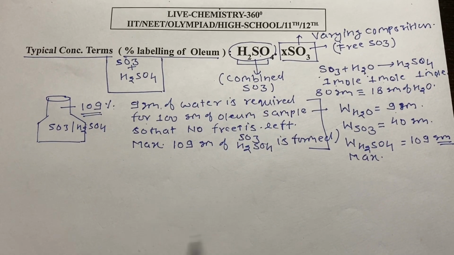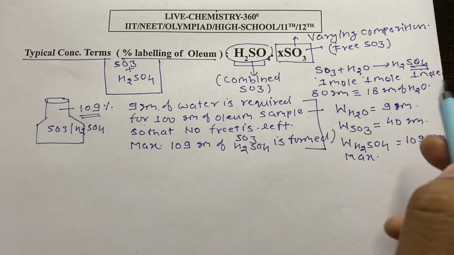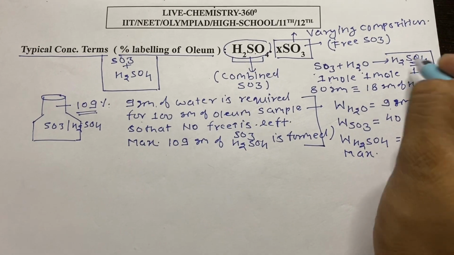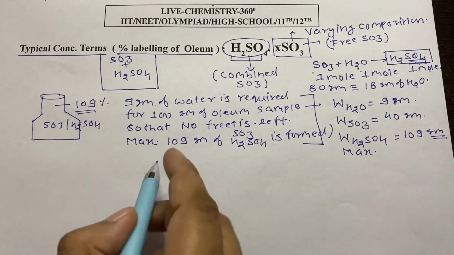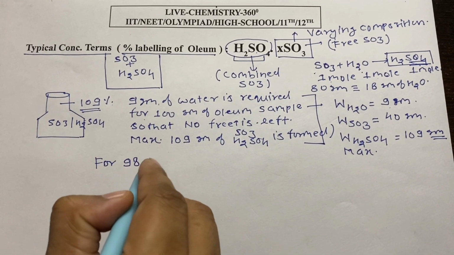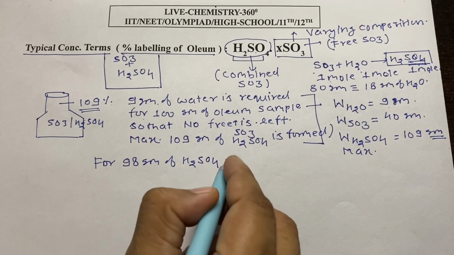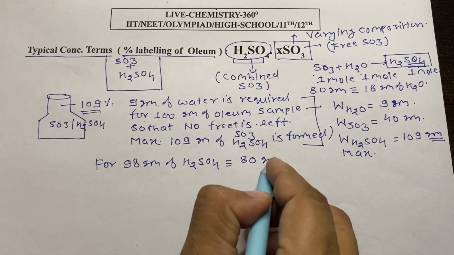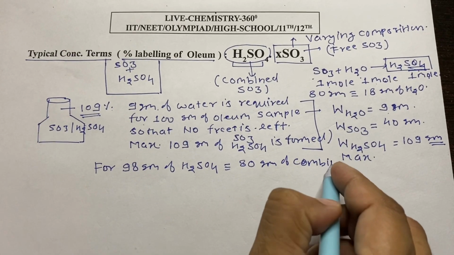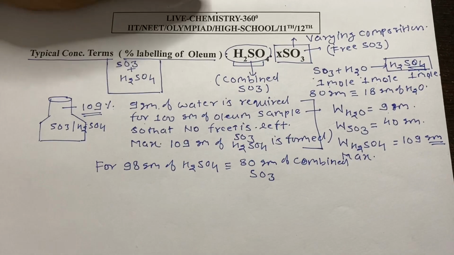Now how can we calculate the combined form of SO3 present in this oleum sample? Very obvious: for 98 gram of H2SO4, there are 80 gram of combined SO3.